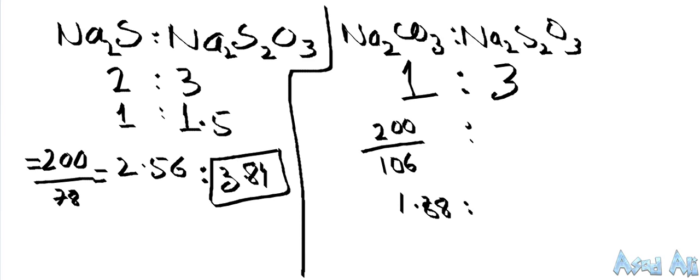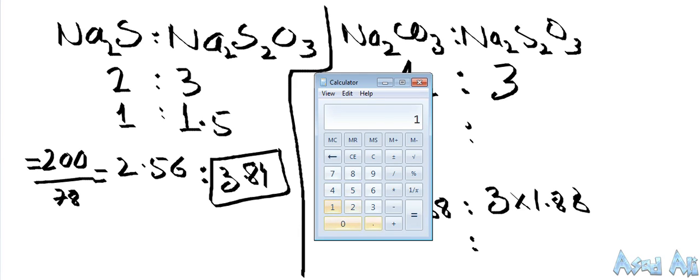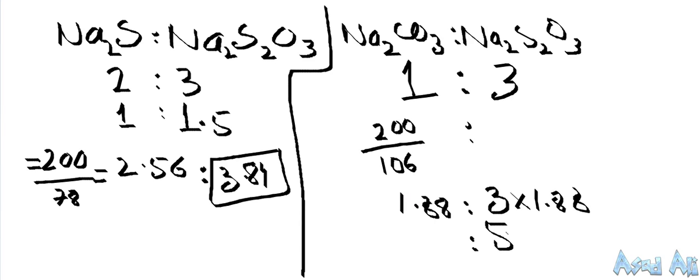As the ratio is 3, we multiply by 3. If we multiply 1.88 by 3, it gives 5.64 moles.